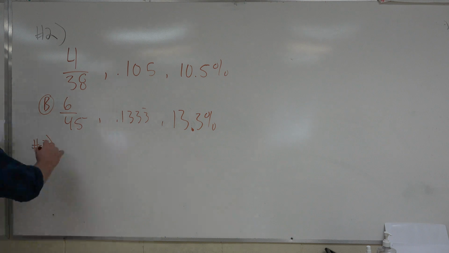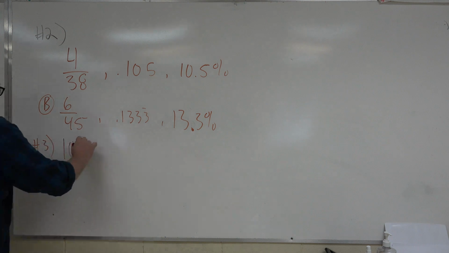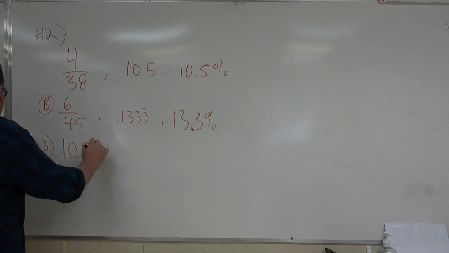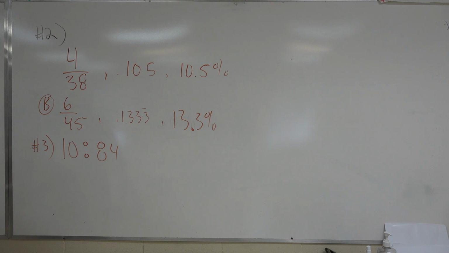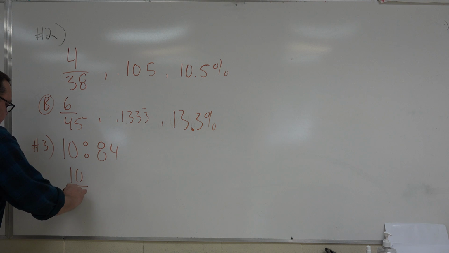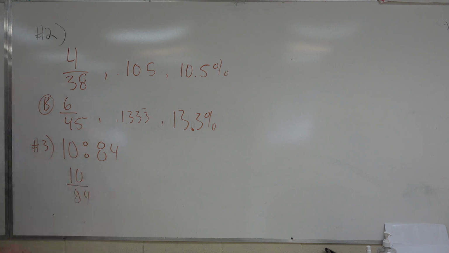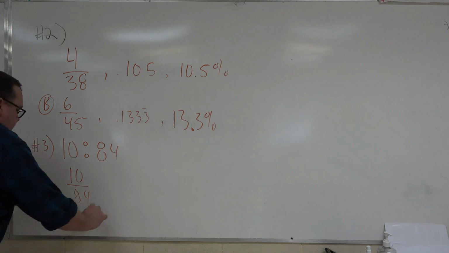Well, as a probability, 10 out of 84 games will go into overtime. As a fraction, that's 10 over 84. As a decimal, that's 10 divided by 84. That's going to give you 0.1190.